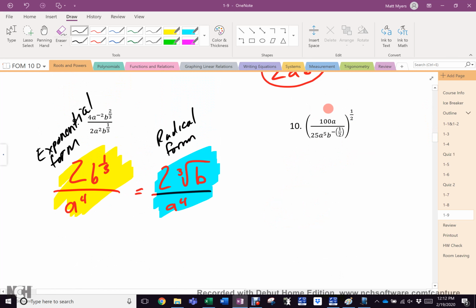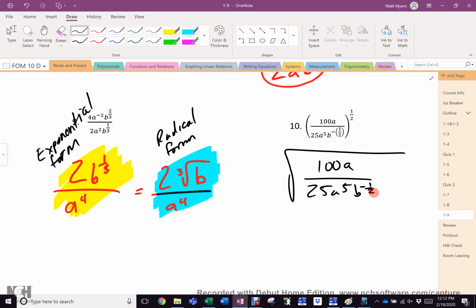But it wouldn't be a cube root, right? We would go square root of 100a over 25a to the 5th b to the negative 1/2, right? Is that cool? Can we do that? Yeah. Okay. Now, does this square root cover everything? Yeah. It does, doesn't it?